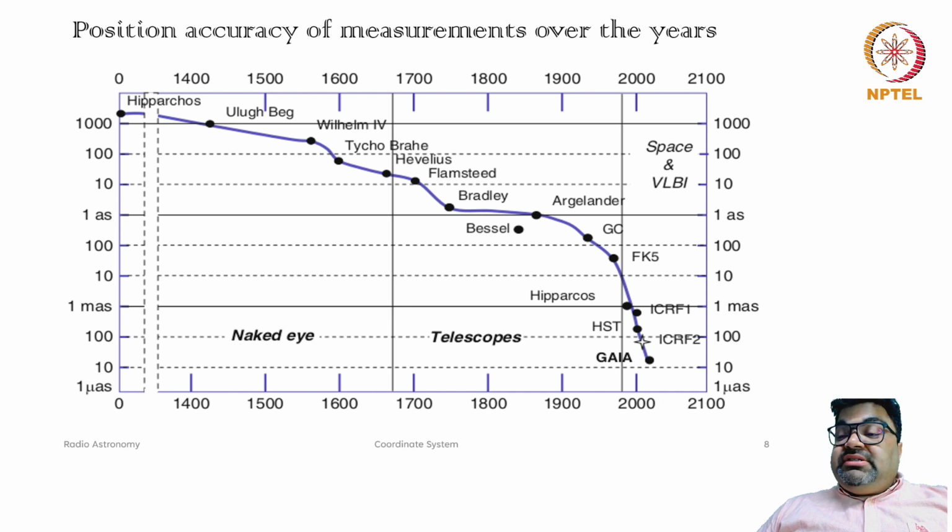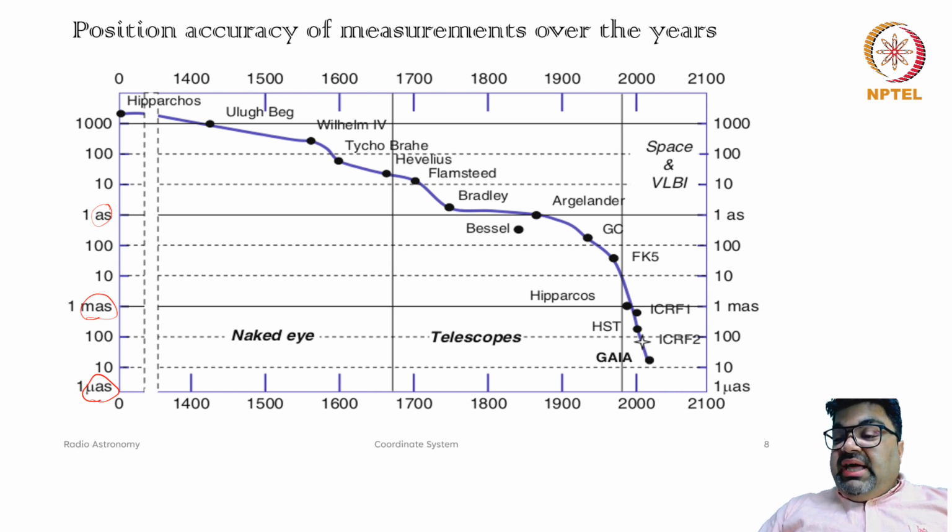Measurement of the position accuracy of individual sources is also important. This is a list of different measurements done over the years, and you can see this goes down in terms of AS, which is arc seconds, so seconds of an arc. Then MAS is milli-arc second, and there are micro-arc seconds.